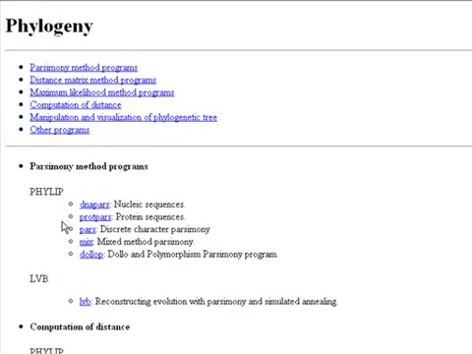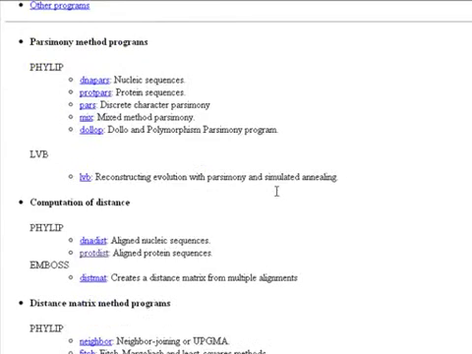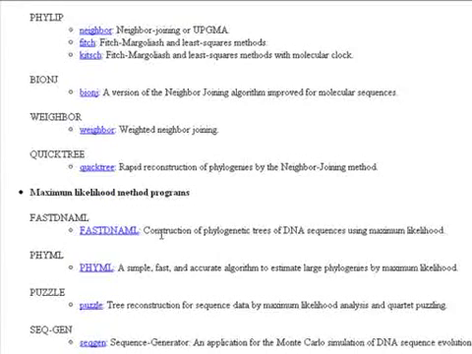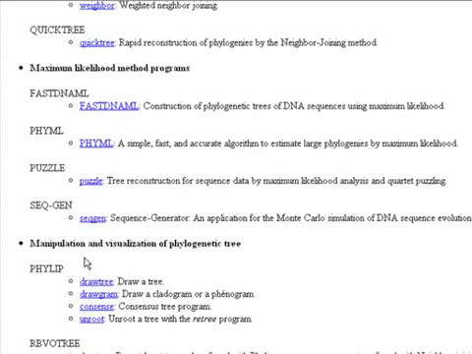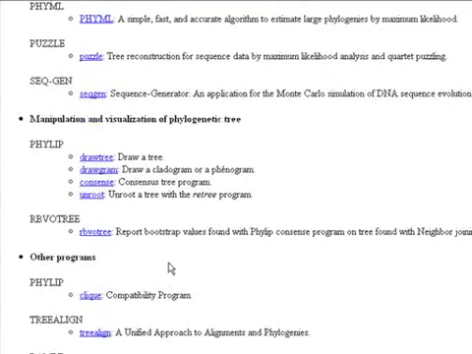Okay, these are our packages. We have a lot of choices here. We have the parsimony method programs, the computation of distance matrix method programs, maximum likelihood method programs, manipulation and visualization of phylogenetic trees, and other programs.